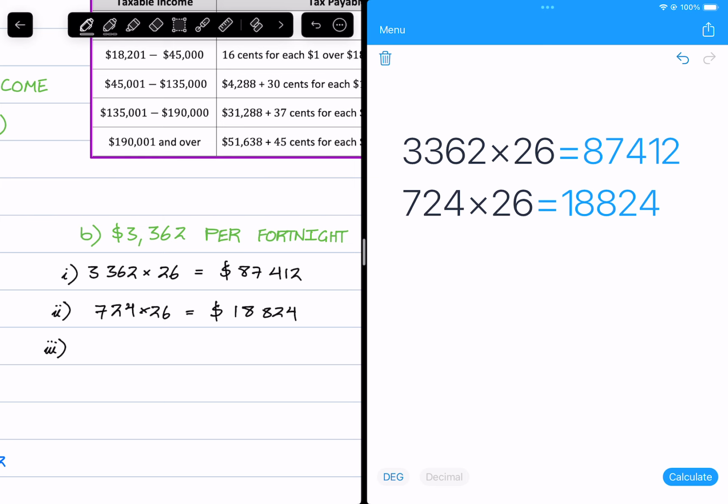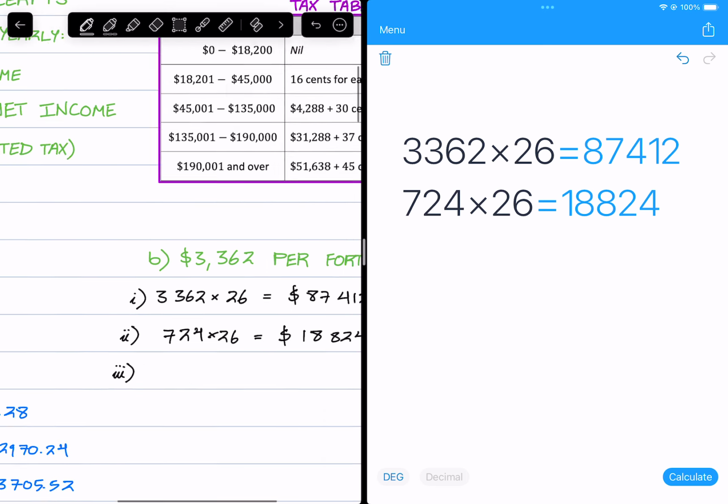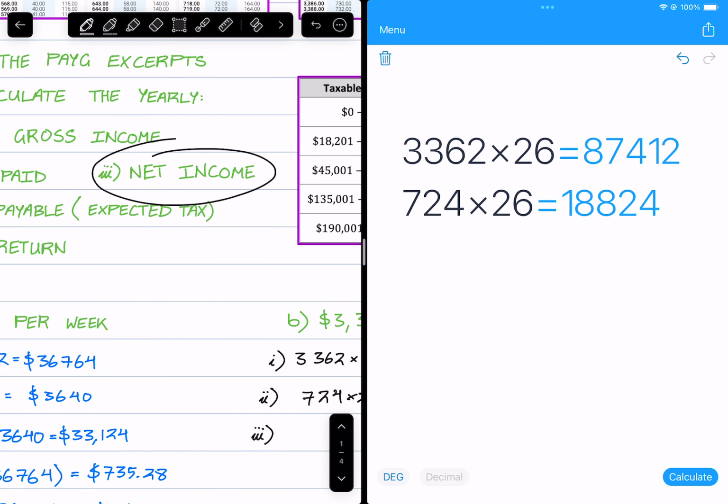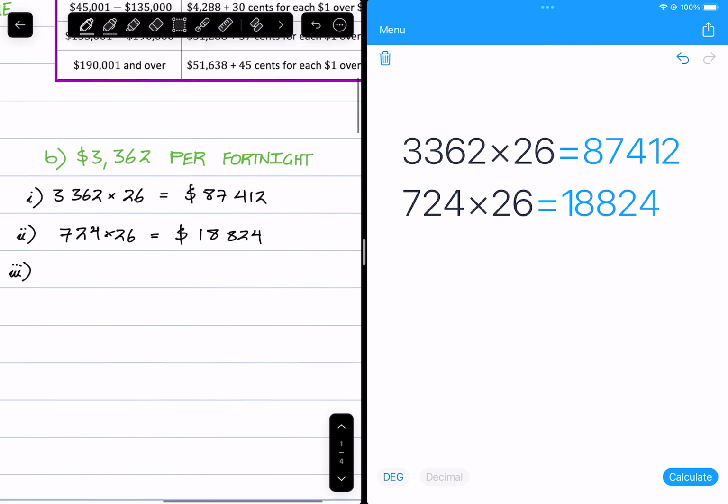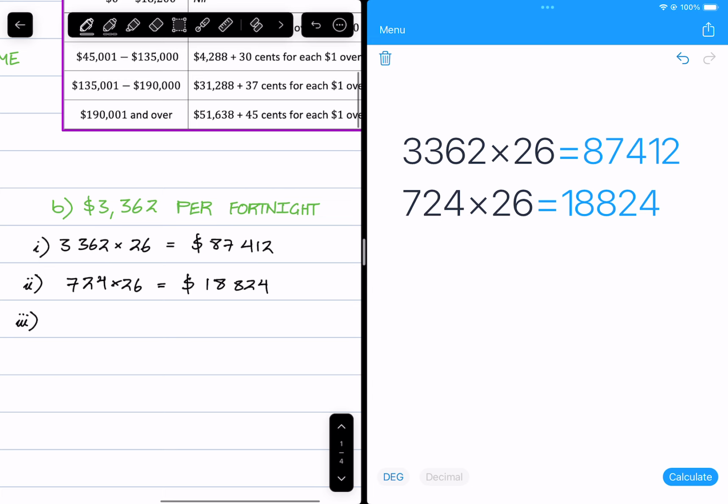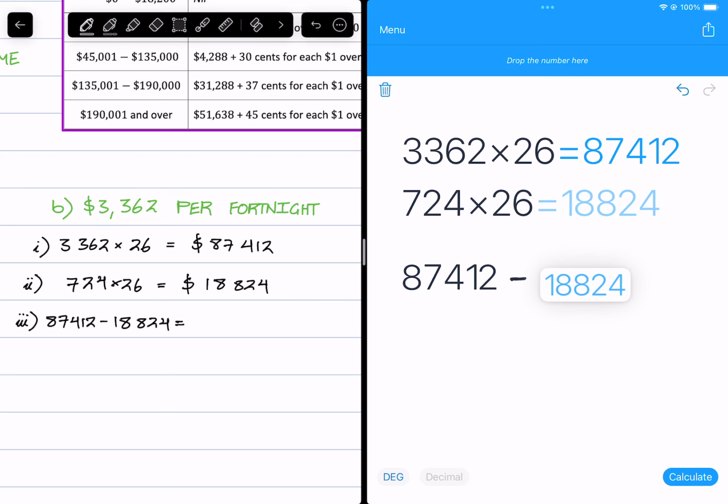So now let's calculate how much this person would have earned throughout the year into their bank accounts. For this, we just find the difference. 87,412 minus 18,824. It's just the difference of these two amounts.